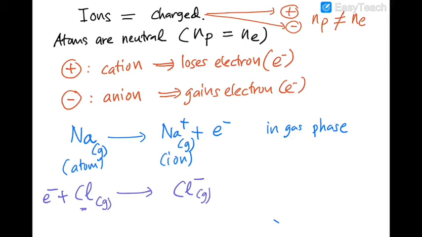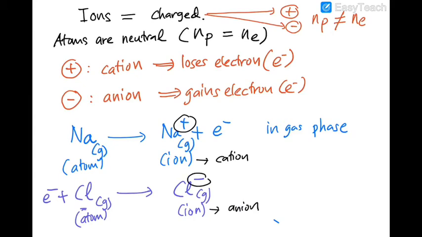So now, instead of the neutral Cl atom, we have an ion. If this one is a cation because it is positively charged, this one is an anion because it is negatively charged.